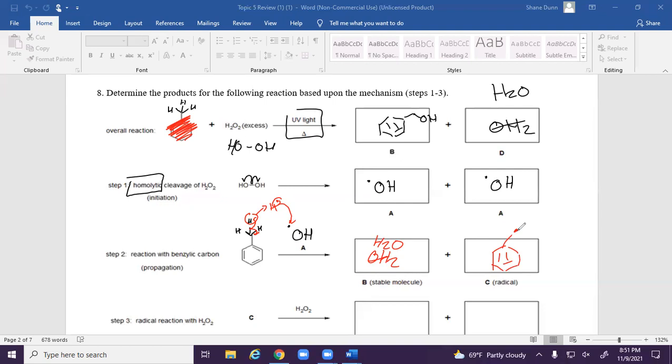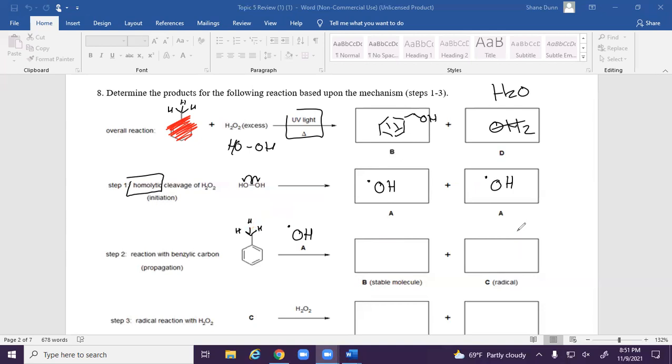Wait, why are you drawing the radical above the benzene if the radical is going to the OH? Because what's going on here, let's undo. Okay.